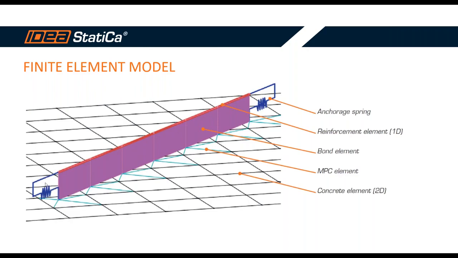At the ends of the reinforcing bar, there are springs which simulate the anchorage. So if you remember, we have defined special anchorage in the form of a bend, and from an analytical point of view, this is the spring.